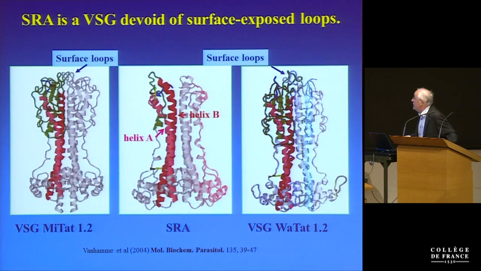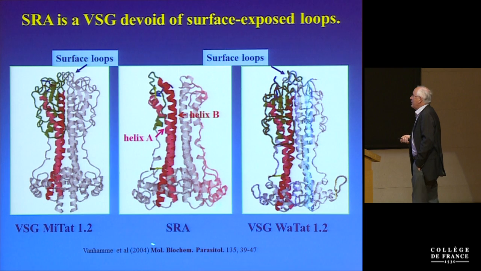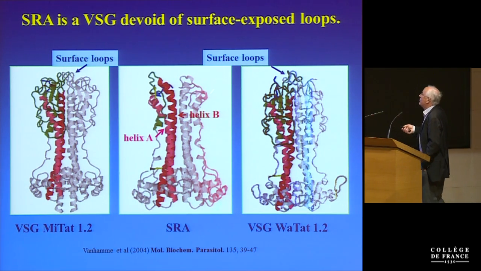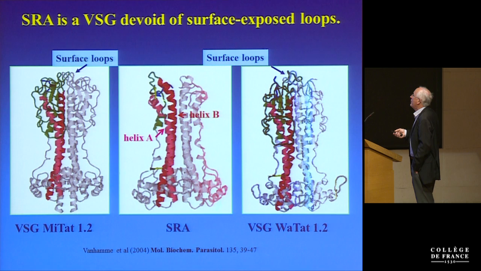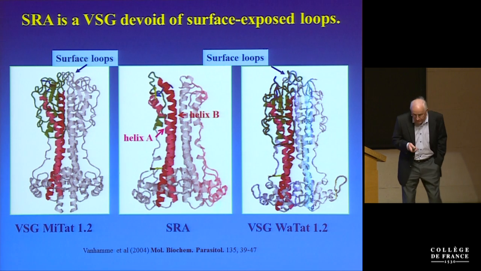What is SRA then, which is able to confer protection on its own? Well, amazingly, it's very similar to a VSG. Actually, it was a VSG before a deletion occurred at the tip of the structure here, because as a matter of fact, SRA is nothing else than a defective VSG.